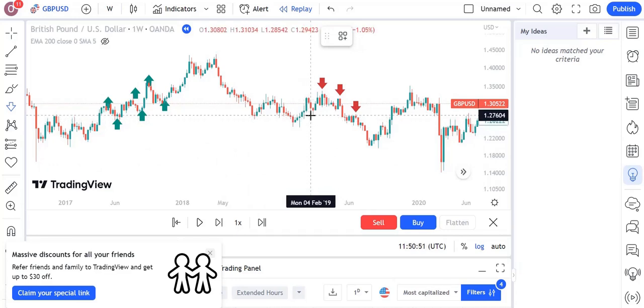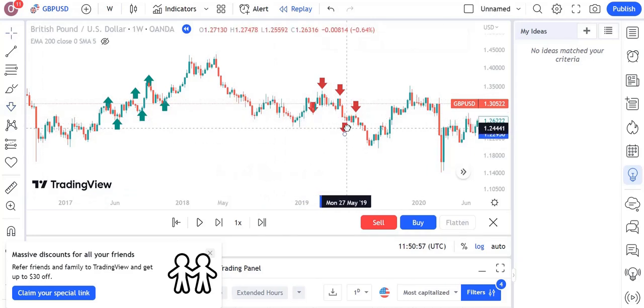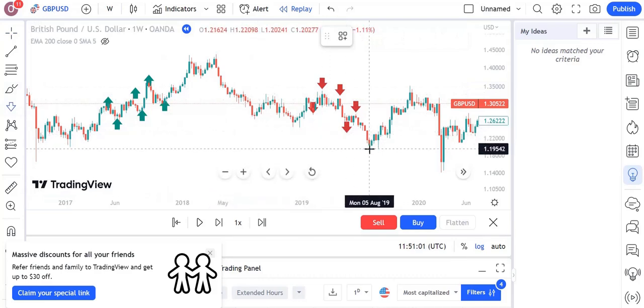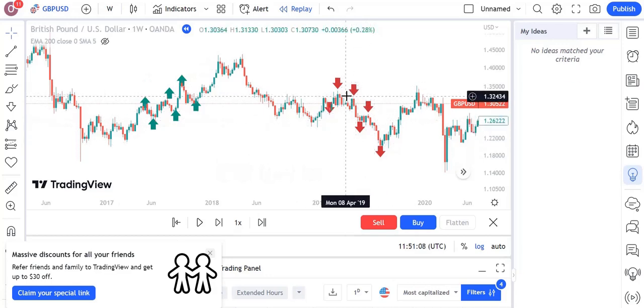And then you can also spot this at this point of a downtrend. Price is making a low here, and price is making a high here.